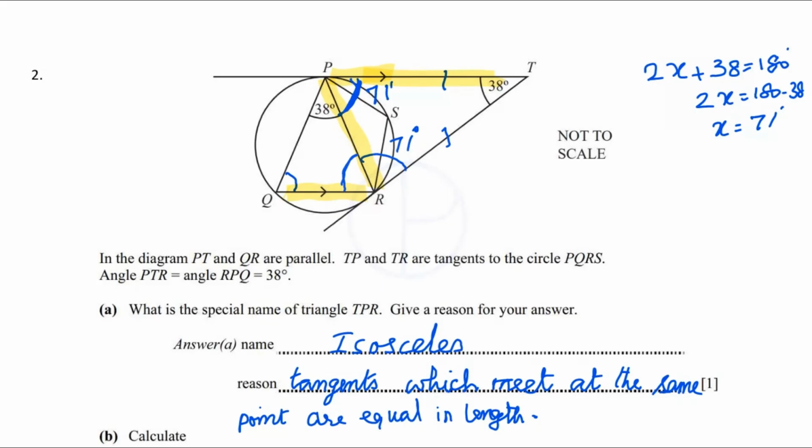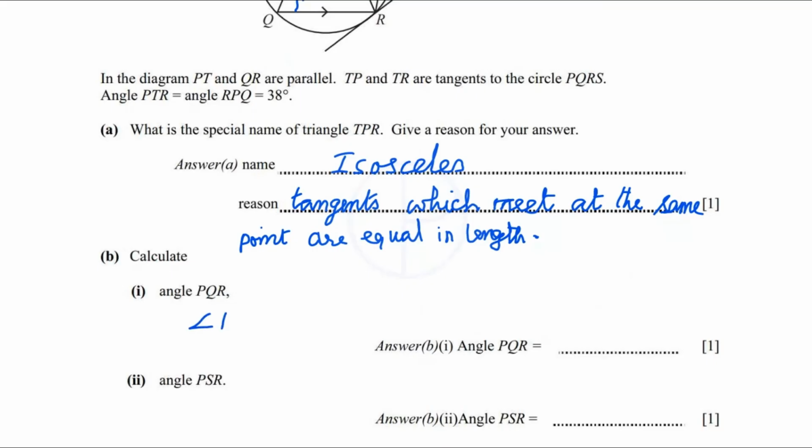So angle PRQ is also 71 degrees. In triangle PQR, we know two angles, 38 and 71. The third angle can be calculated by subtracting these two angles from 180. 180 minus 38 minus 71, which is 71. So angle PQR is also 71.